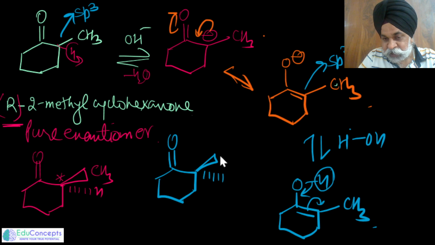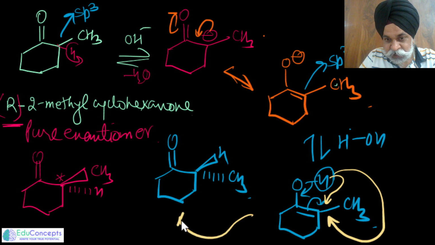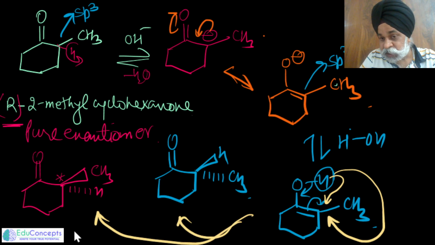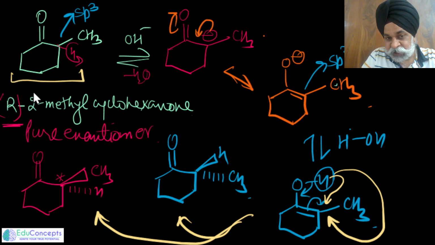This H can come from the top side or it can come from the bottom side also. So in a way it will generate two things in equal quantity. So what basically we are going to see here, this starting material was optically active because it would have some optical rotation, let it be plus a degree.